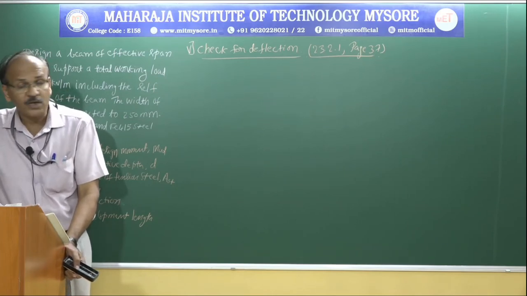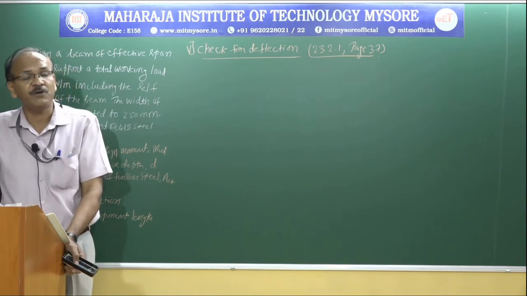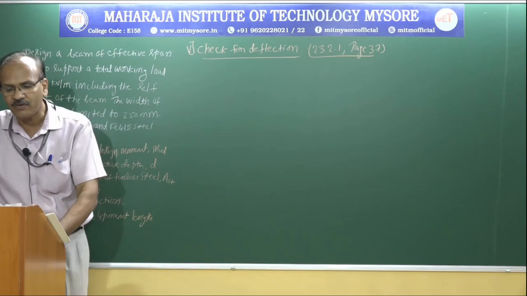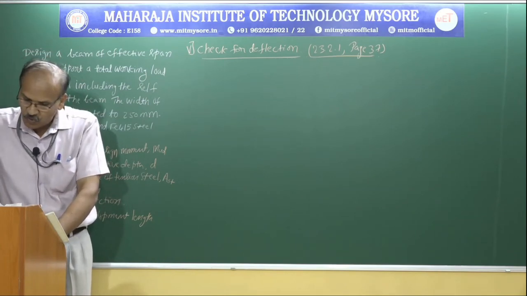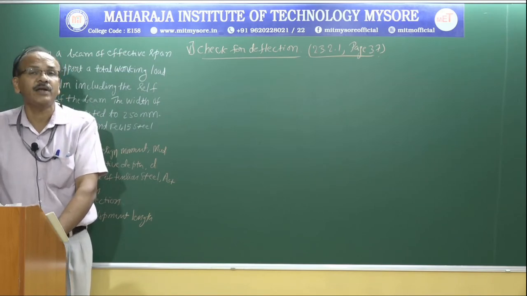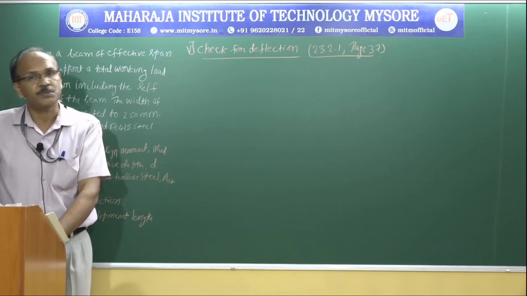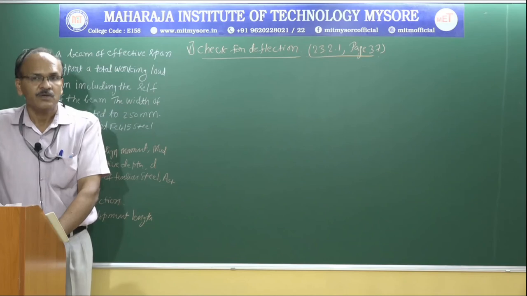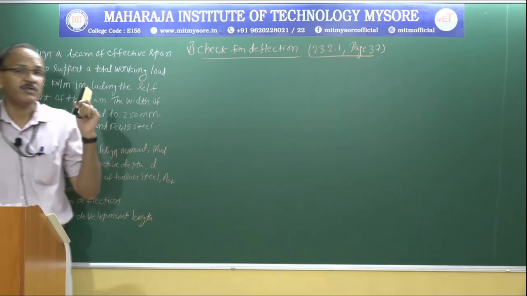Okay, it is not just 20, but we have to modify the value by multiplying that particular value with some modification factors. So if you go to point B, it says if the span is greater than 10 meter, then we have to multiply 20 by 10 divided by span. Okay. So here it does not come into picture because our span is 6 meter, which is less than 10 meter.